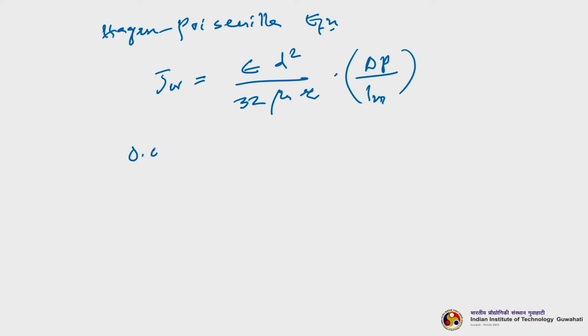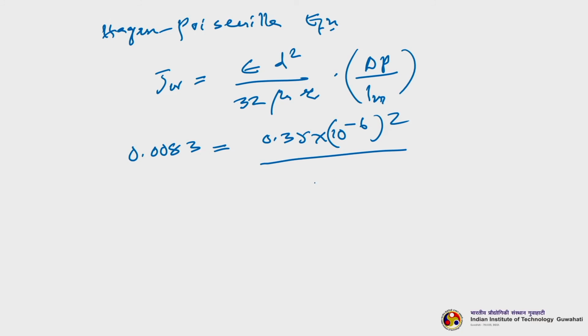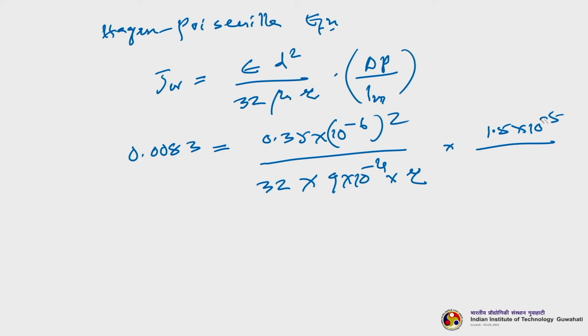So, 0.0083 equals 0.35 into 10 power of minus 6 square, divided by 32 into mu, which is 9 into 10 power of minus 4, into tau, this is what we are going to calculate, into 1.5 into 10 power of 5, that is the pressure drop, divided by thickness, that is 70 into 10 power of minus 6, the membrane thickness.